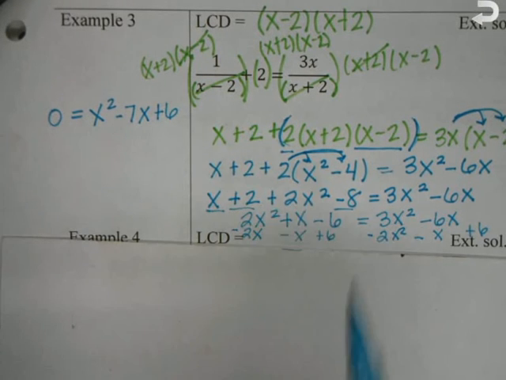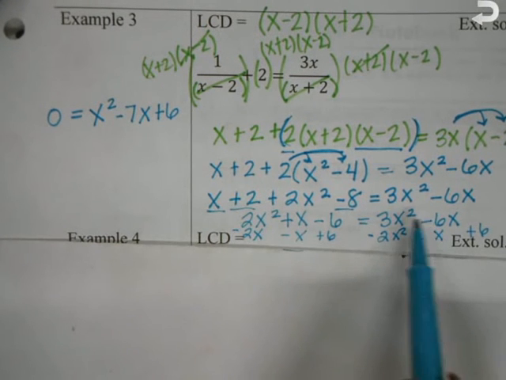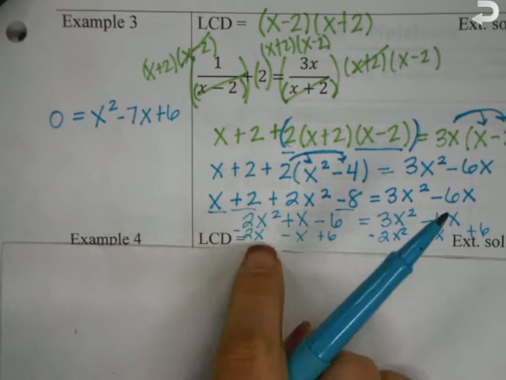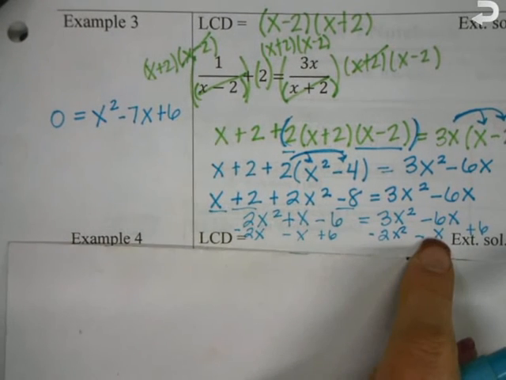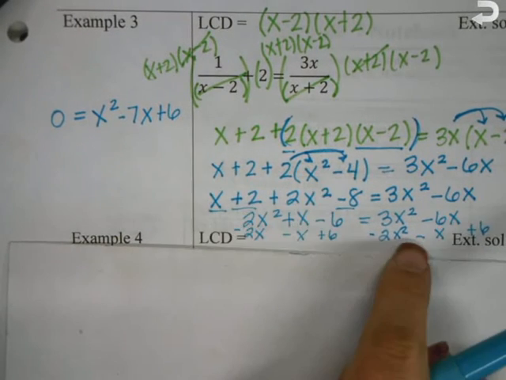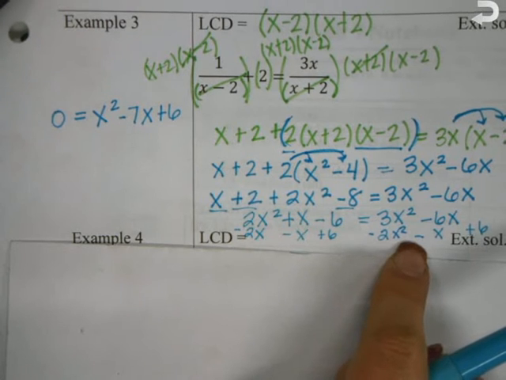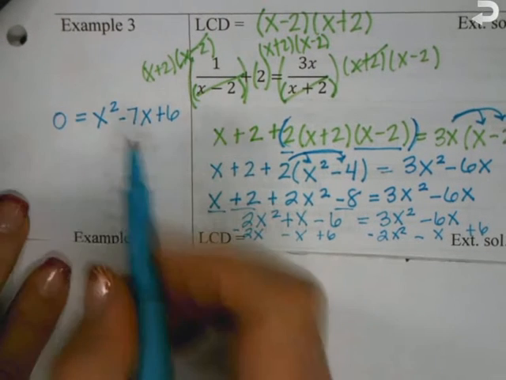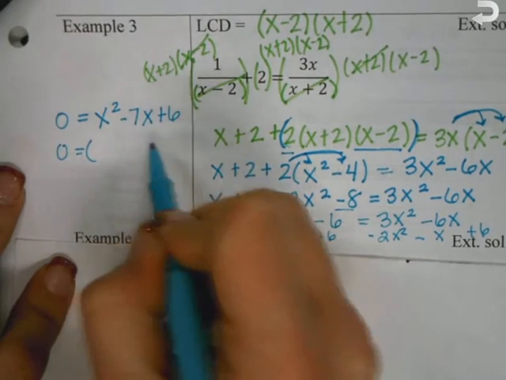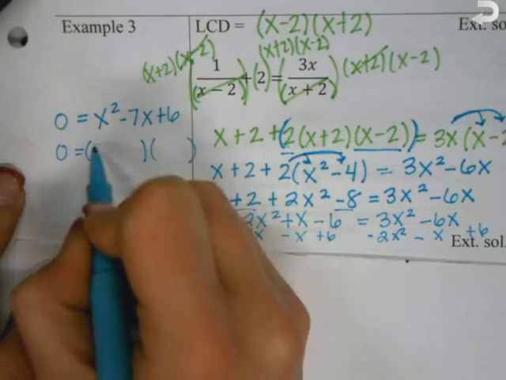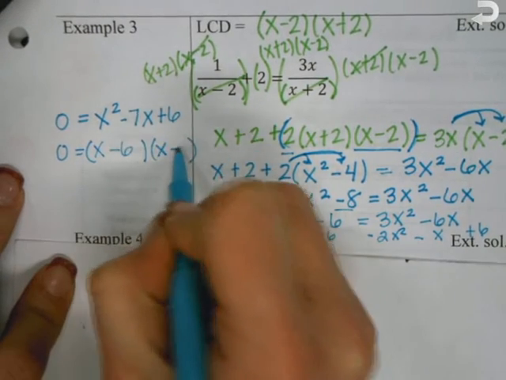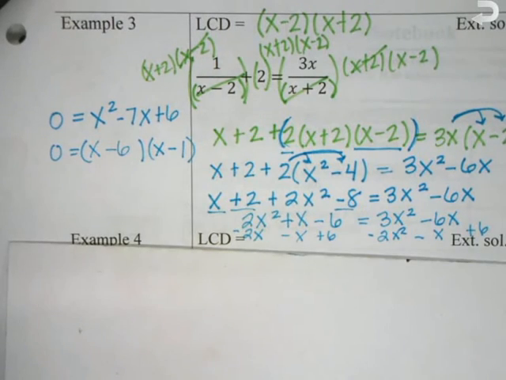And then we can factor this using diamond. So we would get 0 equals x minus 6 times x minus 1. So x equals positive 6 and positive 1. I set each one equal to 0 and solved.